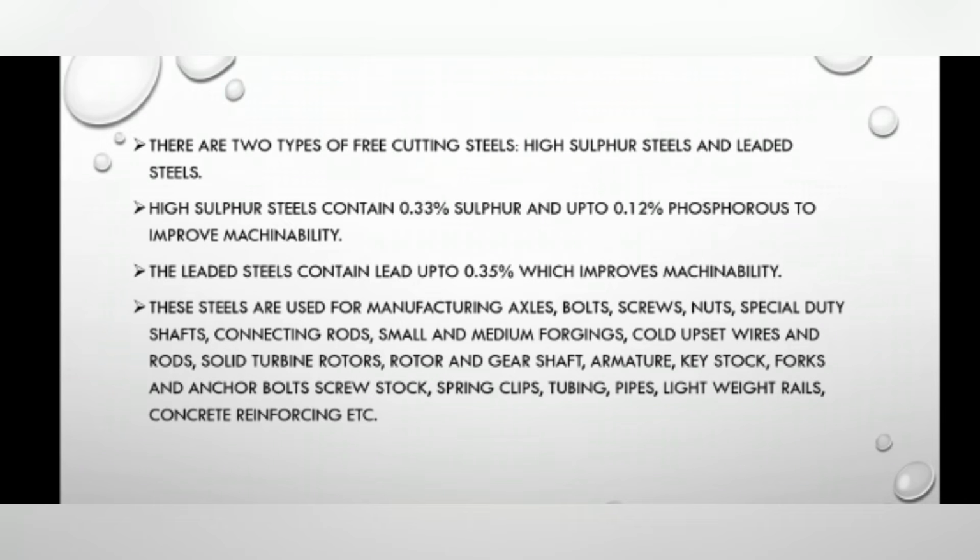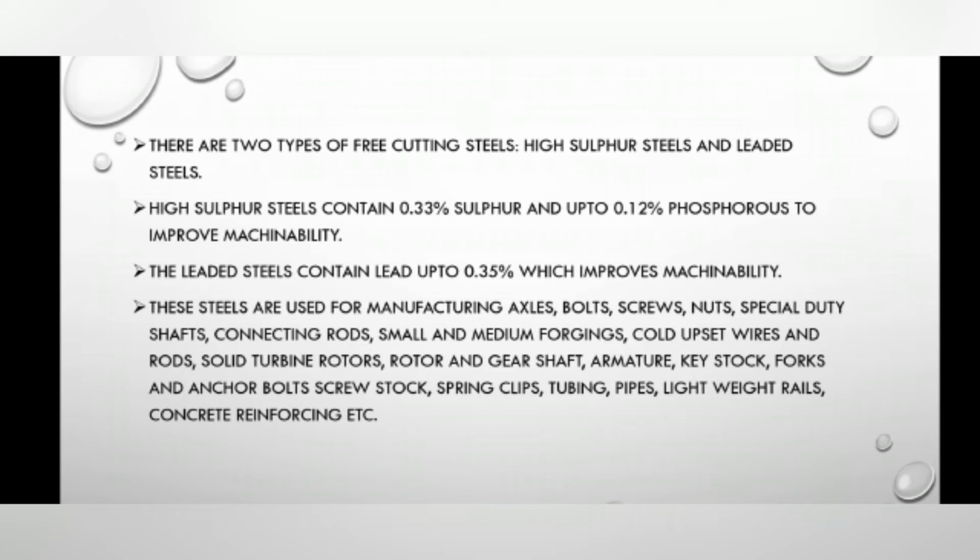There are two types of free cutting steels: high sulfur steels and leaded steels. High sulfur steel contains 0.33 percent sulfur and 0.12 percent phosphorus to improve machinability. The leaded steel contains lead up to 0.35 percent, which improves machinability.